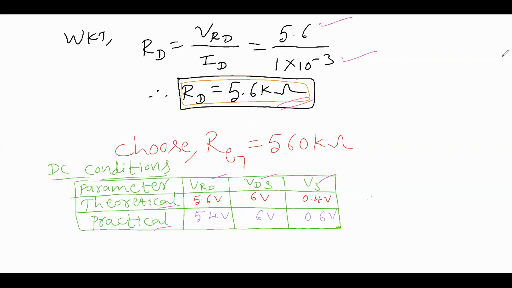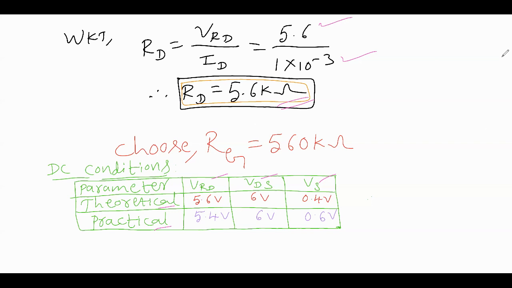The theoretical values we have calculated are VRD equal to 5.6 volts, VDS equal to 6 volts, and VS equal to 0.4 volts. Once the circuit is wired, we measure the DC conditions practically using the multimeter in DC mode.